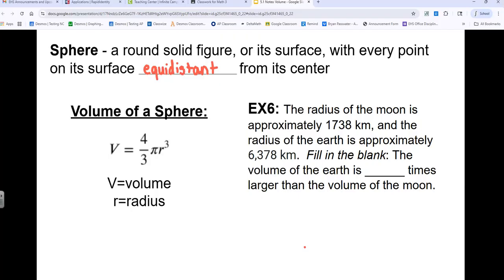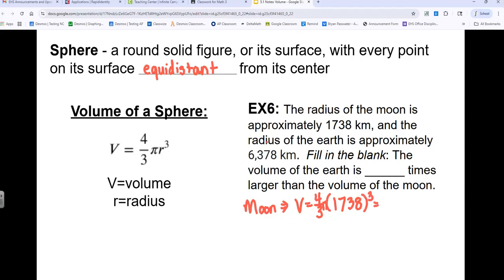So for the moon, our volume would equal 4/3 pi, squeeze pi in there, 1738 to the 3rd power.